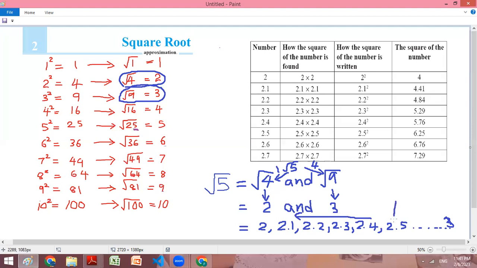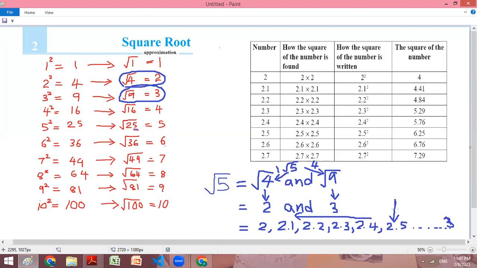The middle value is 2.5. We know that the square root of 5 is in between 2 and 3. There are so many values. We are considering only first decimal places. Then 2, 2.1, 2.2, 2.3, 2.4, 2.5, 2.6, 2.7, 2.8, 2.9, and 3.